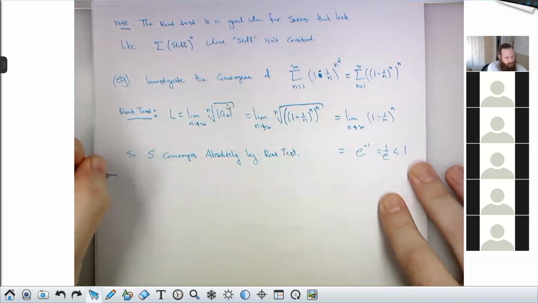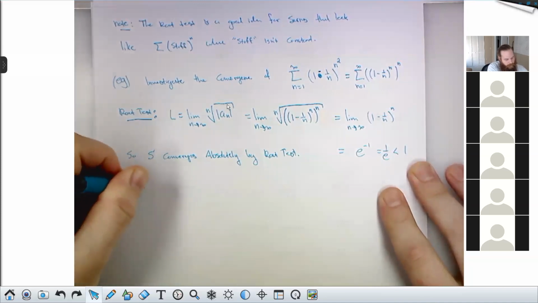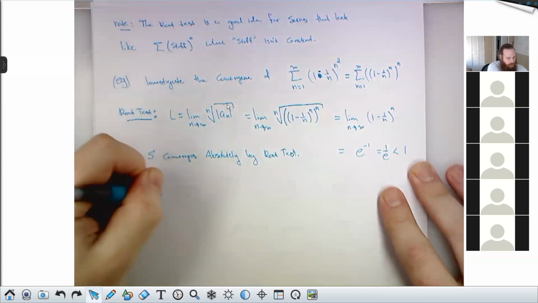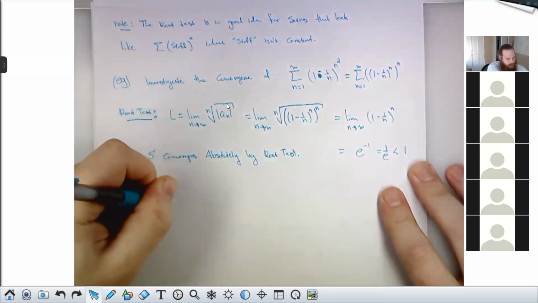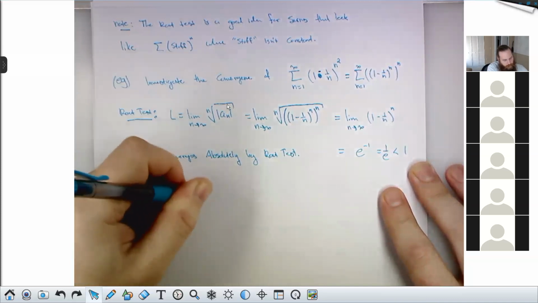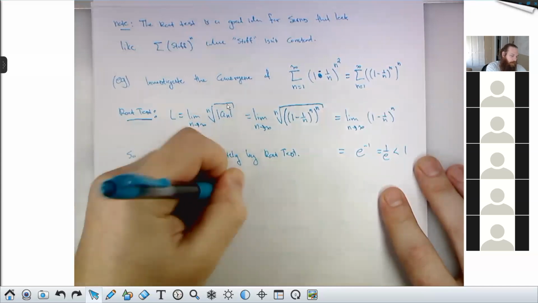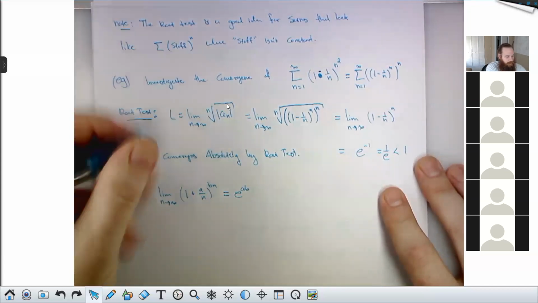A special limit thing here that you should remember. And if you haven't proven this yet, you should prove it. The limit as n goes to infinity of 1 plus a over n, all raised to the bnth power, is always e to the a times b.